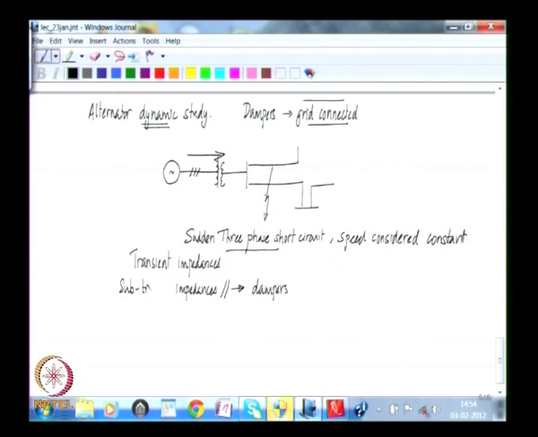When subjected to a disturbance, these bars will be in action for a short period of time until the speed becomes again close to synchronous speed, and after that the dampers are not active, but still because of the disturbance, some stator current and field current disturbances are likely to be there. So how do you identify what is the subtransient impedance, what is the transient impedance, why they arise?